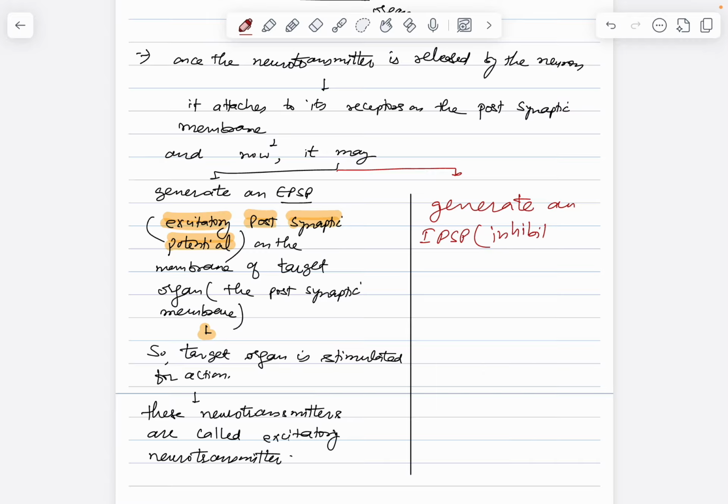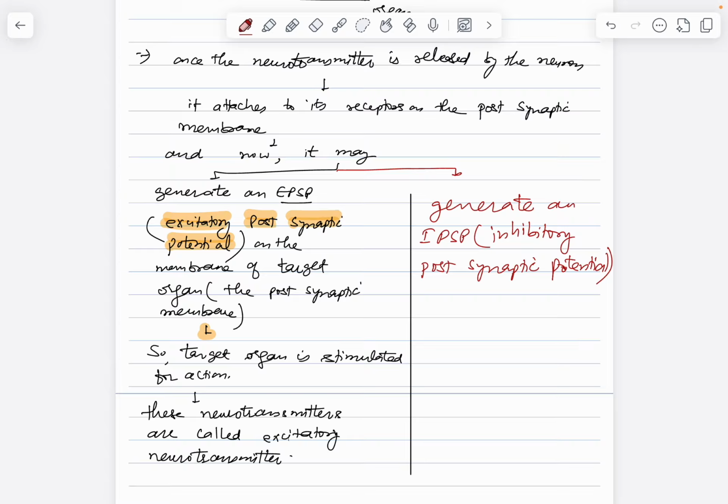IPSP will be inhibitory postsynaptic potential, and this inhibitory postsynaptic potential will be any potential of the sarcolemma that is lower than minus 70 millivolt. And this is basically triggered by opening up of the potassium ion channels, right?